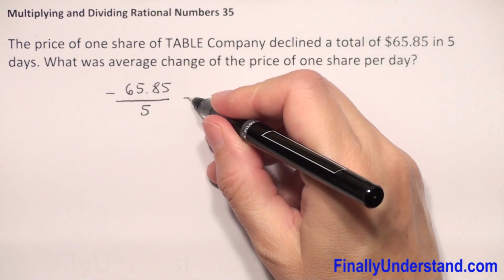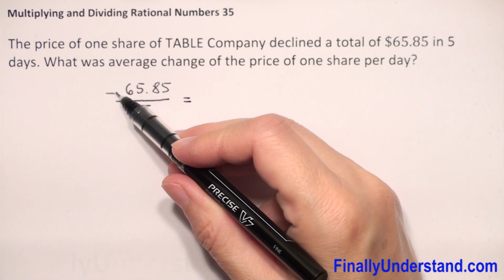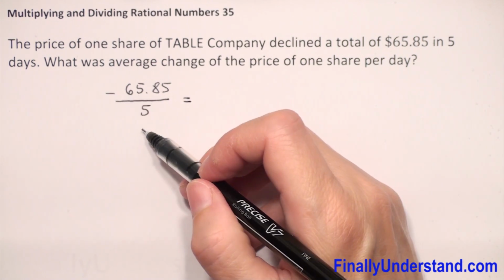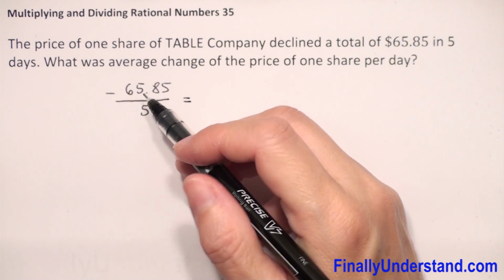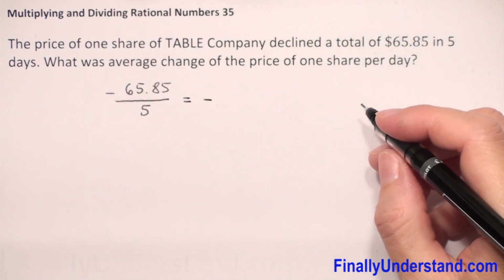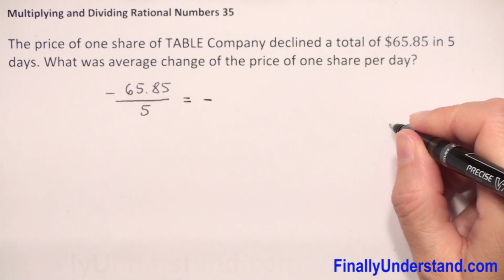So we have a negative number divided by a positive. When we divide negative by positive or positive by negative, the answer is always negative. And we have to do division.